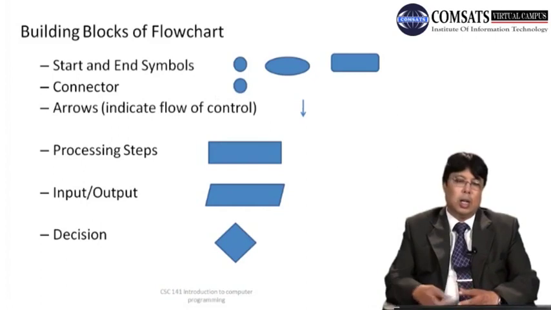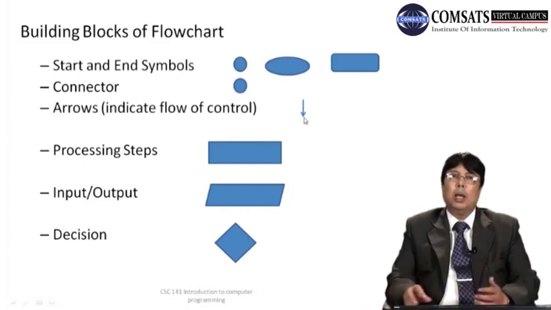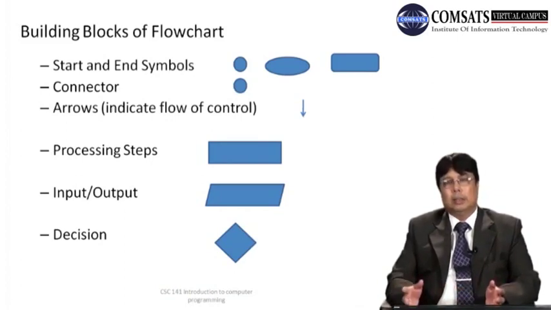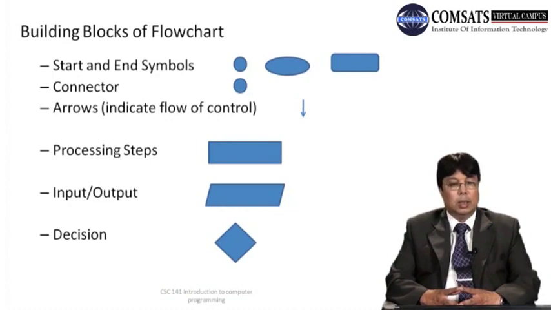So what will you need? You will need an arrow, which indicates the flow of control. This arrow could be in any direction: up, down, right, left. I will come back again to the connectors after explaining a couple more symbols.